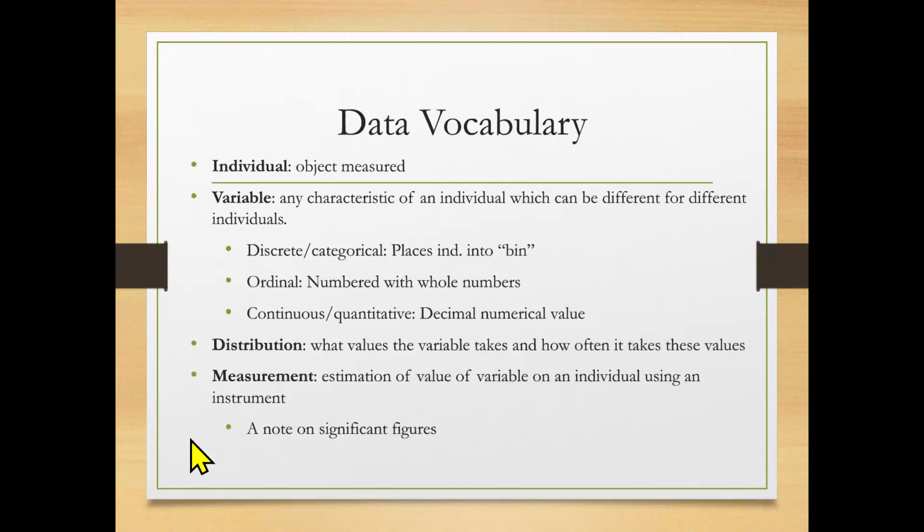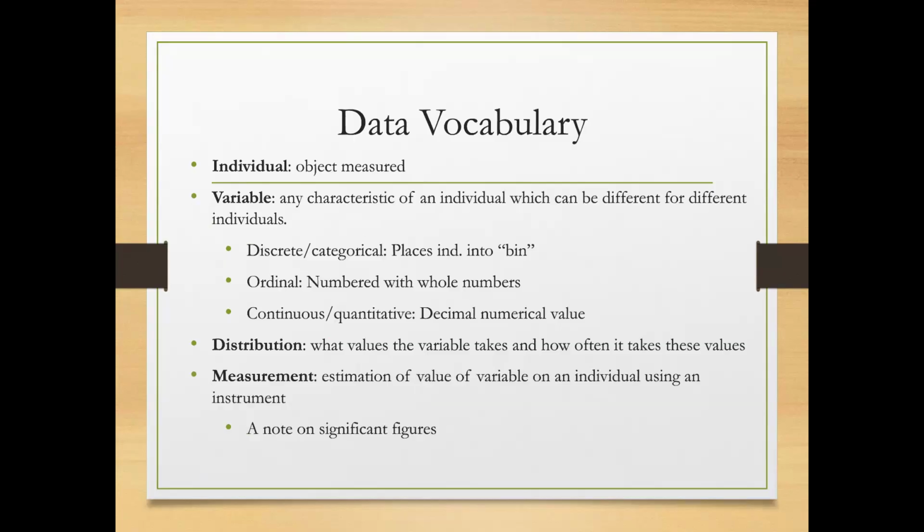All right, as we get started talking about making measurements and observing individuals and different variables, I want to make sure that you are using this vocabulary exactly the way we are going to use it for statistics. So when we say individual, it doesn't necessarily mean a single independent person like you or me.